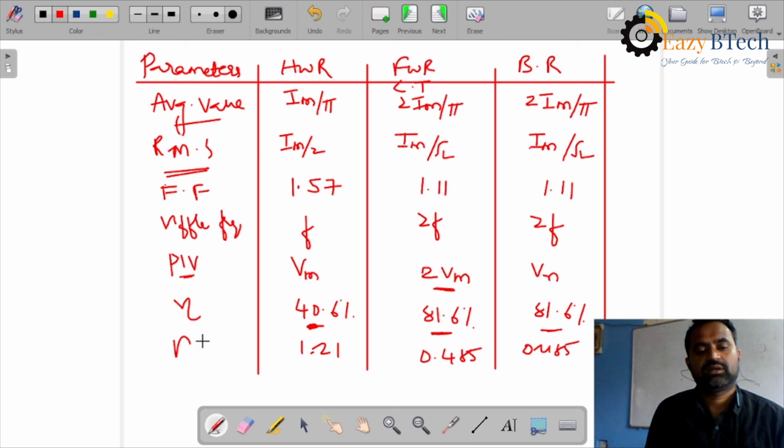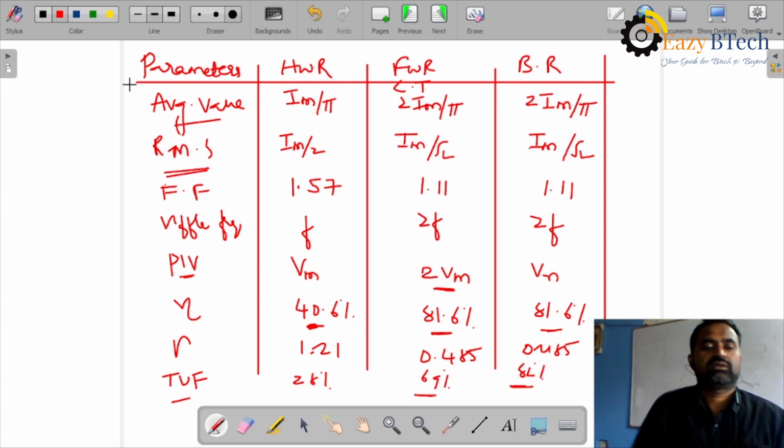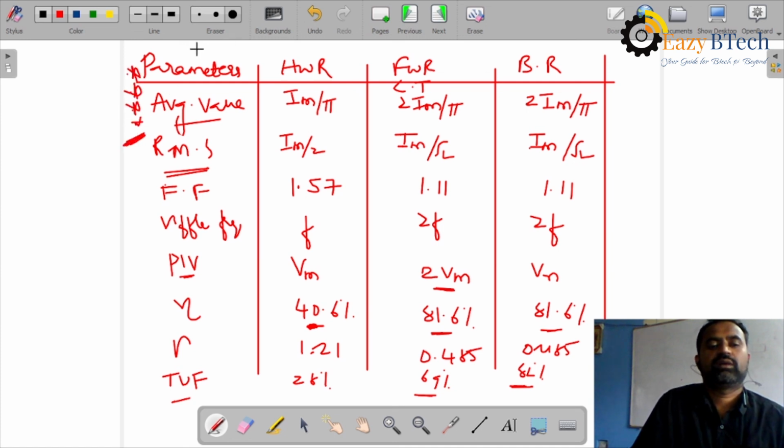Next, the last parameter, that is transformer utility factor. For this it is 28%, for this 69%, for this 82%. These are very important from the exam point of view, comparison of rectifiers.